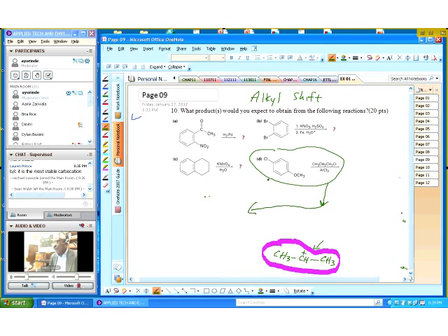Now, before we get the product, where do you think this electrophile will come? Let me number this. Let me say this is 1. And let me say this is 2. Will it come to position number 1 or position number 2? Just go ahead and give me a text message. Will it come to position number 1 or 2? 1. Okay, that is correct. Why 1?